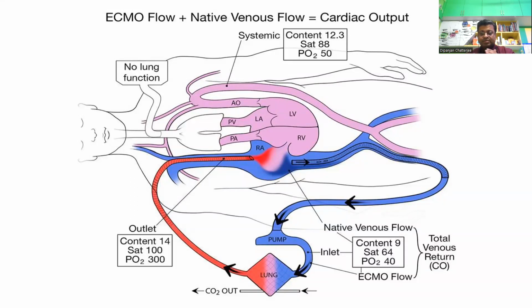This mixing takes place in the right side of the heart, and we have a net oxygen content whose oxygen saturation will not be 100%. So this blood will pass again through the lungs, where a little bit of oxygenation may or may not take place, and then passes to the left side of the heart and to the tissues.